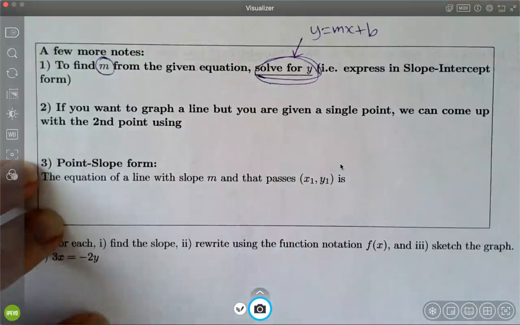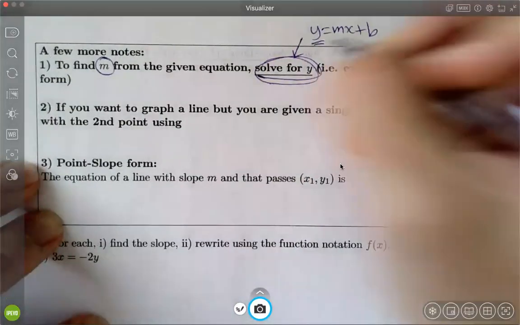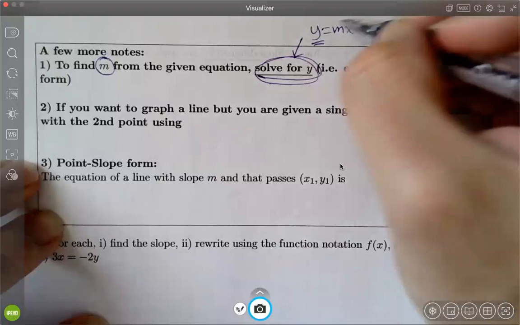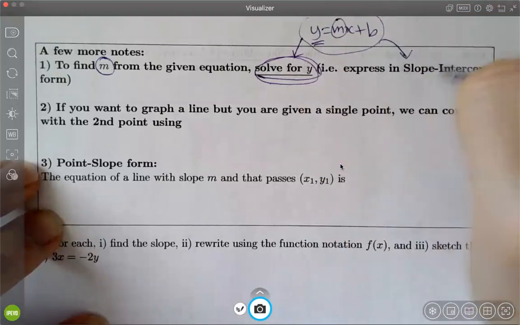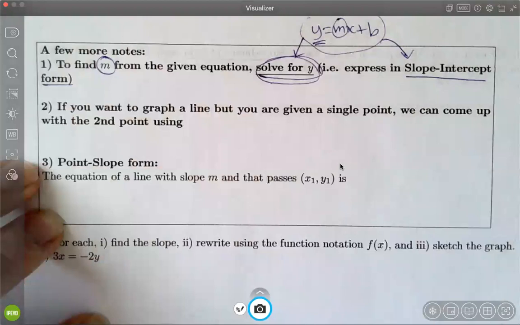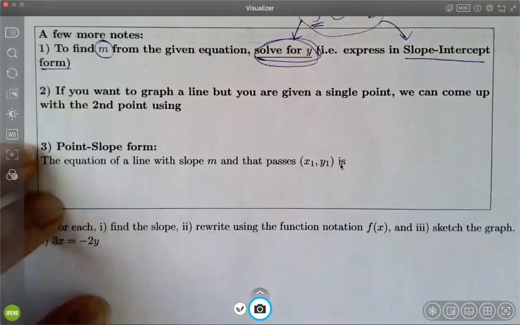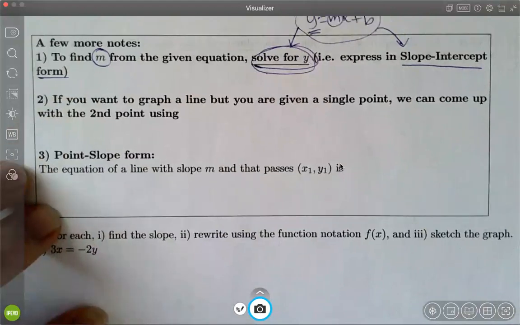Okay, so once y is isolated, what's in front of x will be the slope, right? Okay, and by the way, what is the name of this representation? Slope-intercept form, remember that? Okay. So once you isolate y, you can find the slope, right?